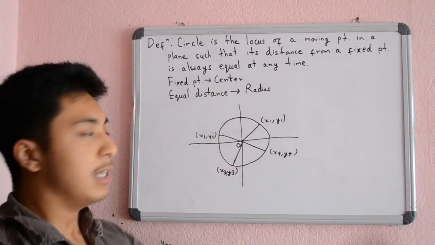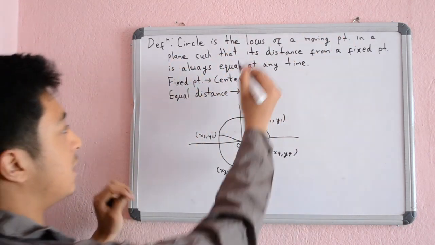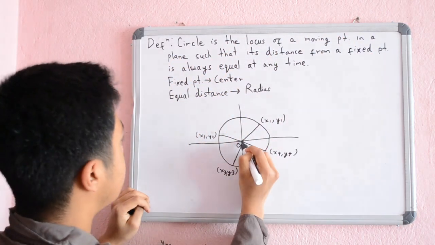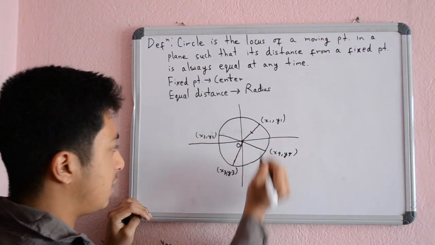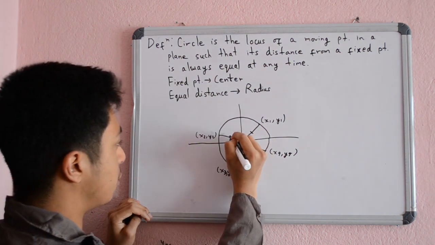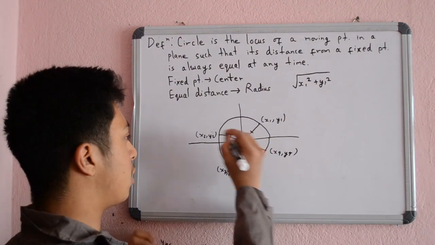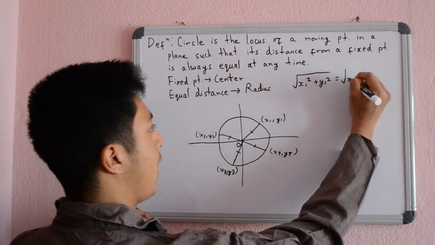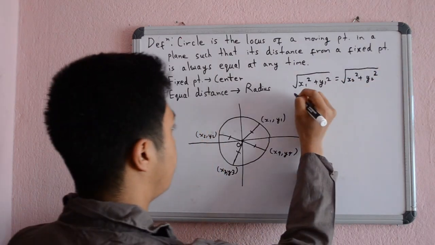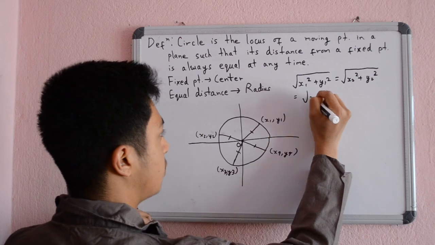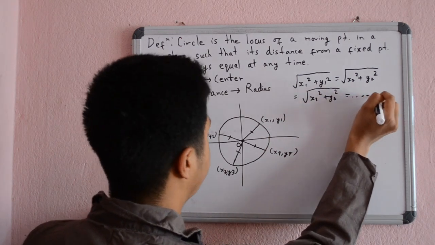Now let's move on to the definition: such that its distance from a fixed point is always equal. So this distance is equal to this distance, is equal to this distance, is equal to this distance. So this distance will be equal to root x2 whole square plus y2 whole square, which will be equal to root x3 whole square plus y3 whole square, and so on.